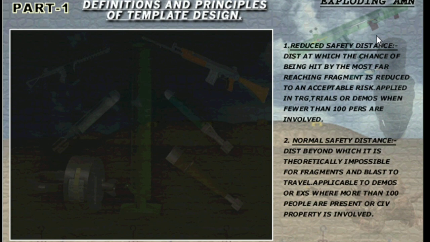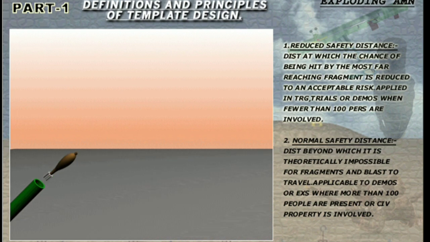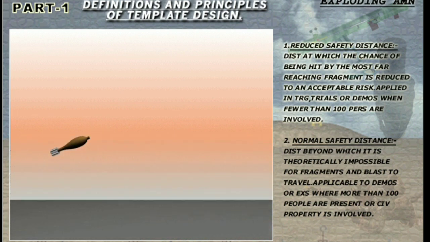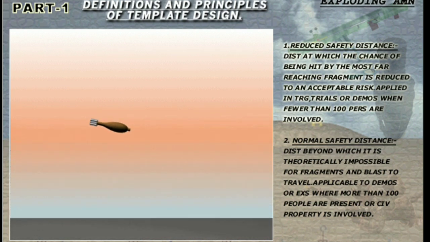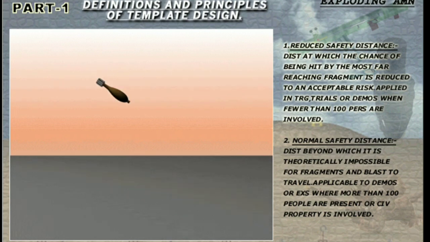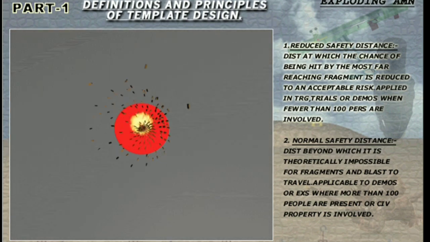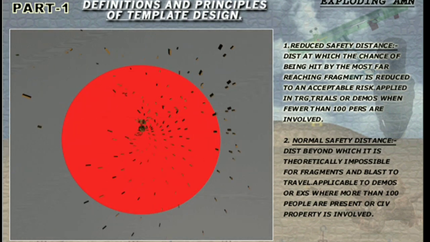Danger from exploding ammunition. Reduce safety distance. Distance at which the chance of being hit by the most far-reaching fragment is reduced to an acceptable risk. Applied in training, trials, or demos when fewer than 100 persons are involved.